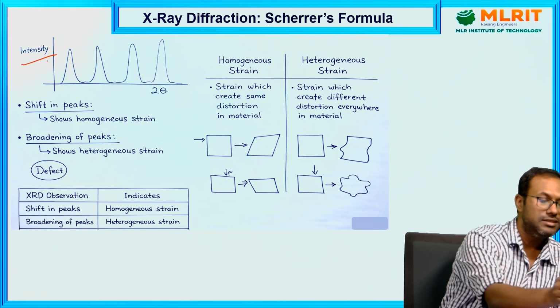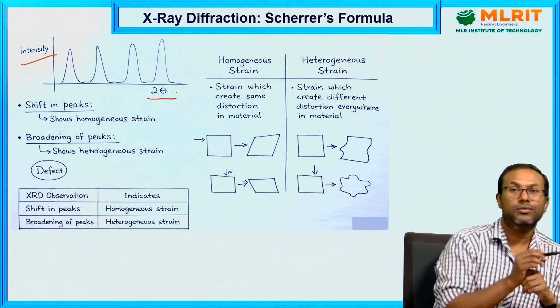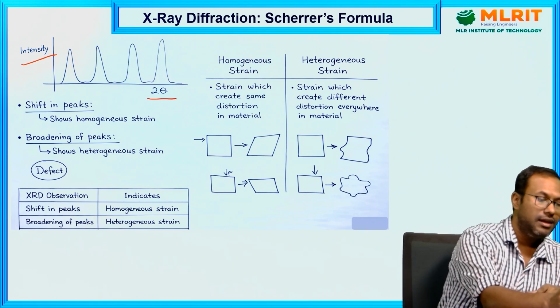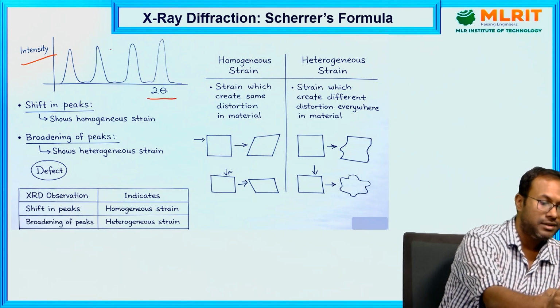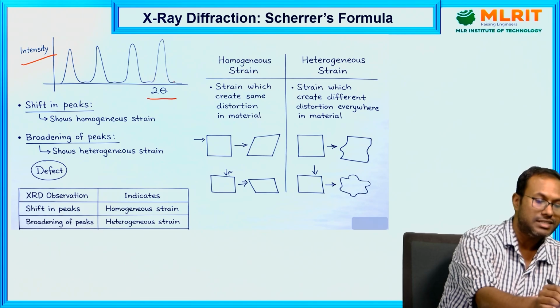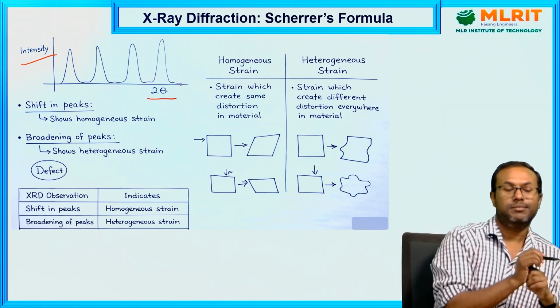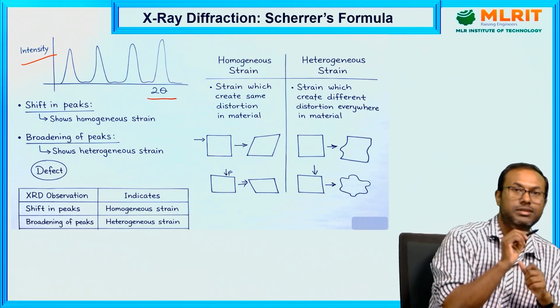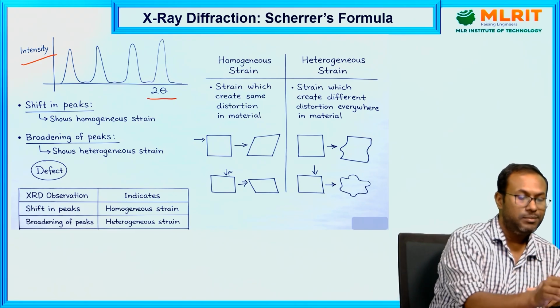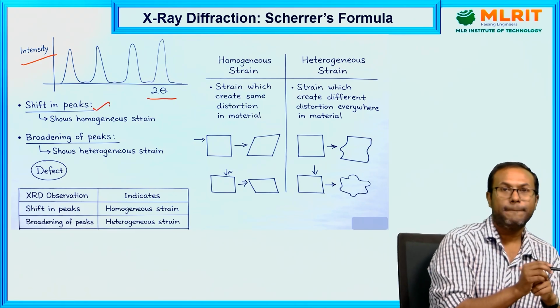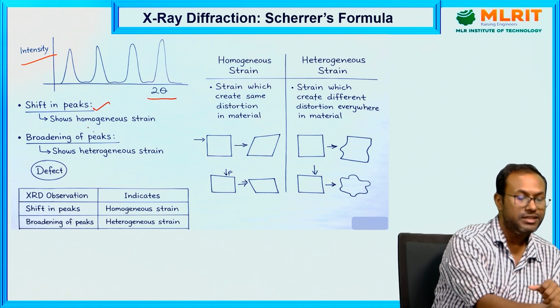Now if we plot the intensity as a function of 2 theta, where theta is the glancing angle, in some places diffraction patterns are formed where the intensity is maximum. So in this place several peaks are observed. Now there are two things on these peaks. If the peaks are shifted, then it shows homogeneous strain.